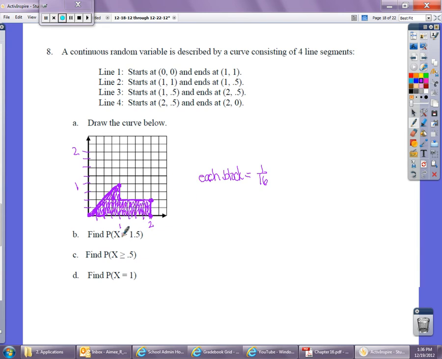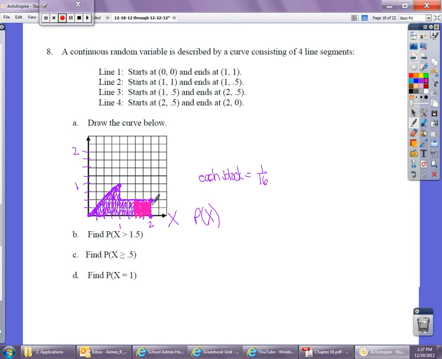Now, as far as finding the probabilities, remember this is your x-axis. Or you can actually write it uppercase X. This is your x-axis, so these are where your probabilities are. So what's your probability that x is greater than 1.5? I'm going to switch colors here. 1.5 is right here. So what is my probability that it's greater? Well, if you notice, the area that is formed is a square.